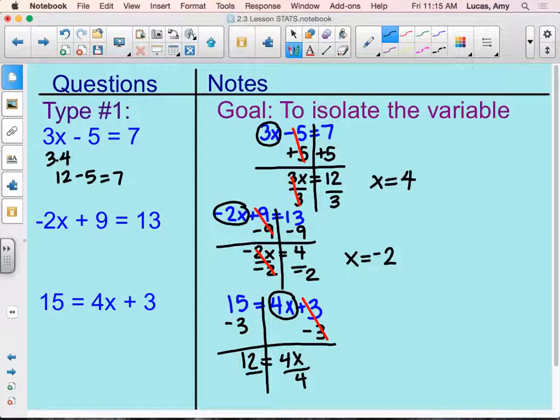Divide by the 4 that's in front of the x. And 12 divided by 4 is 3, so x equals 3. So all three of these, for the first type of two-step equation, all of these involved adding or subtracting first, and then dividing.